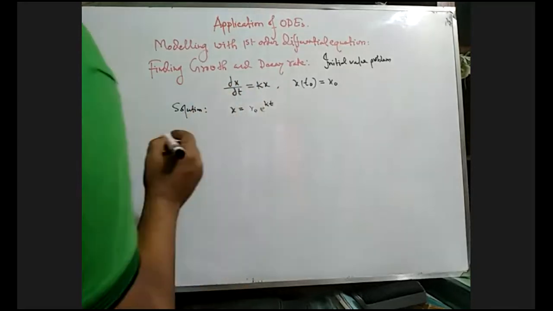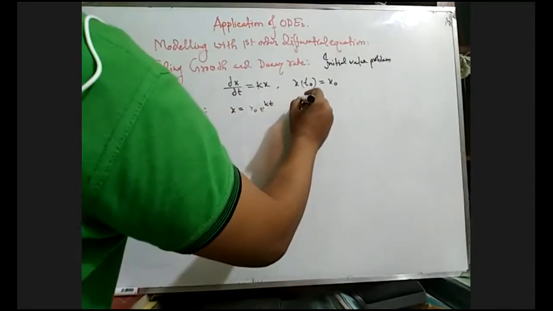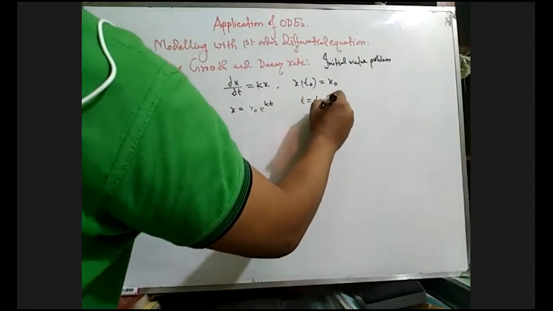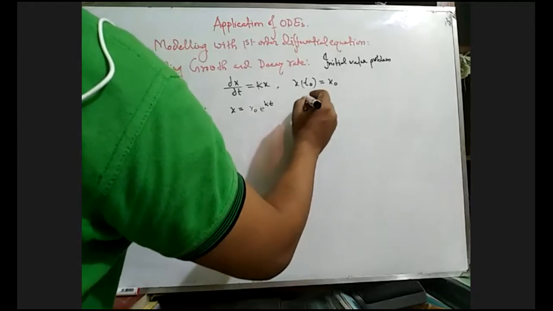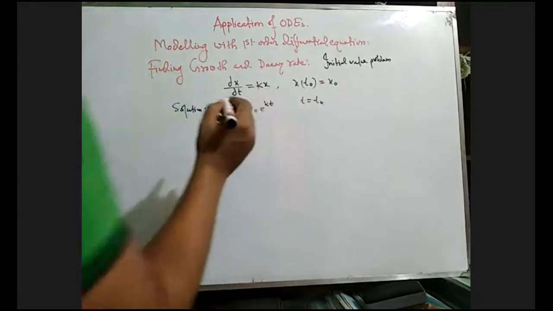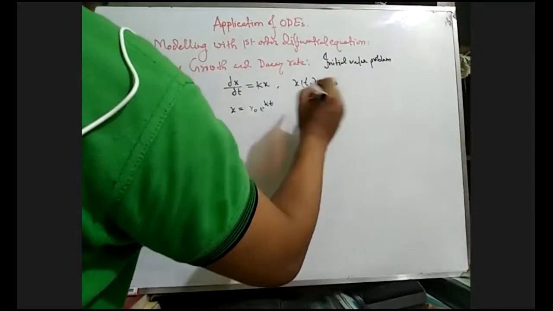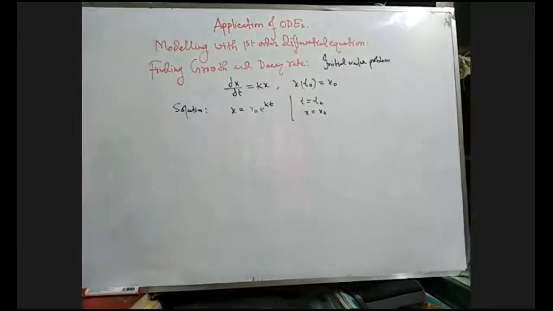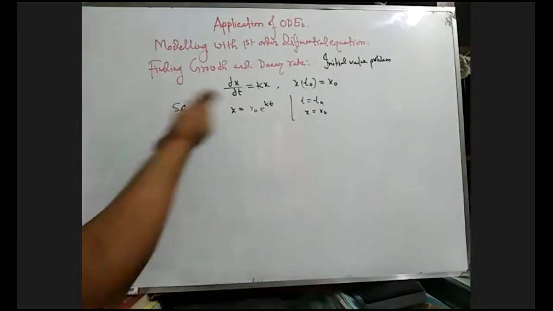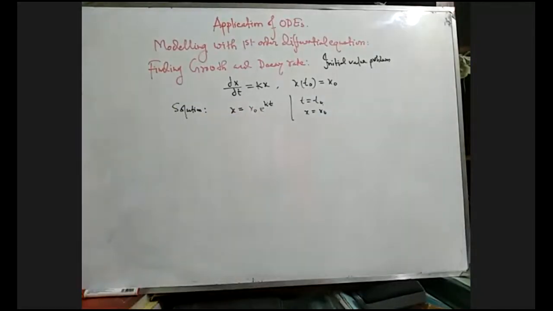This is the solution, because if t equals t naught, the initial value, then x equals x naught. So assigning these types of initial conditions, we can find this solution.